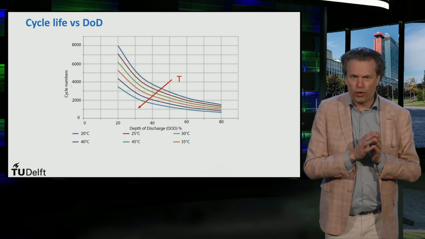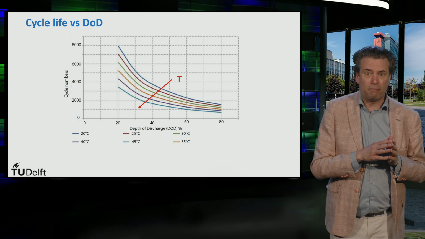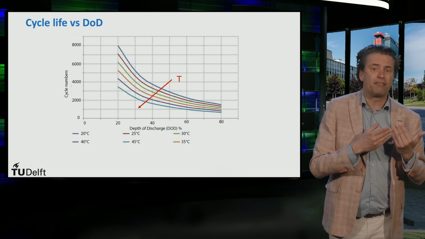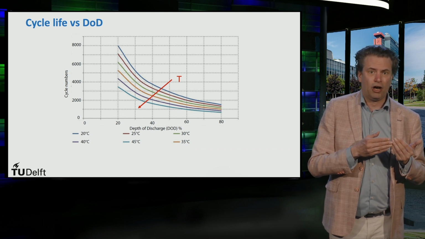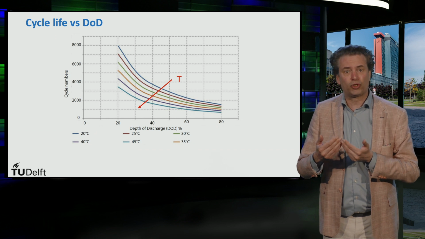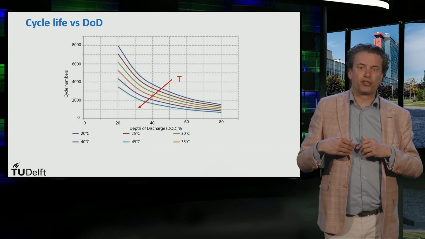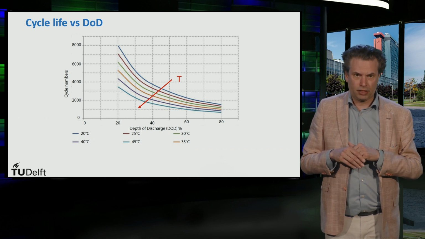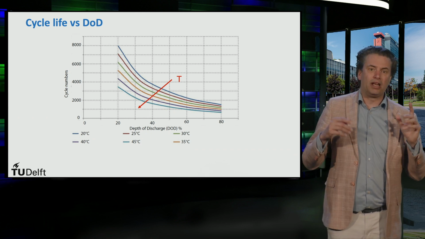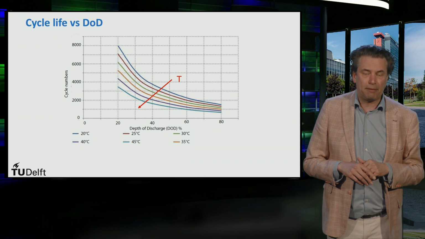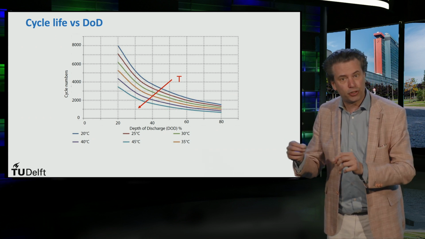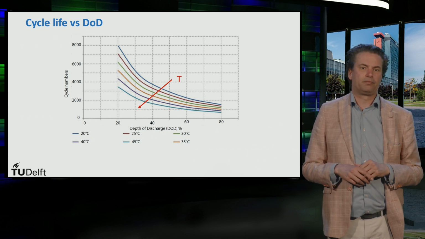For colder operating temperatures we can see that a battery has a longer lifetime. Further, the cycle lifetime also strongly depends on the depth of discharge, where it's higher for smaller depth of discharge. This means that the battery will last longer if the average depth of discharge can be reduced during its lifetime.